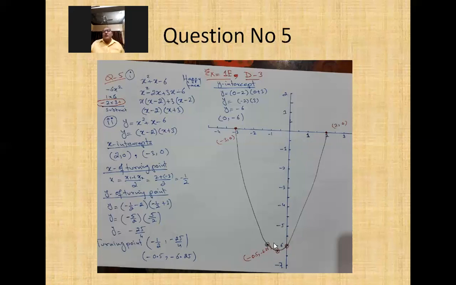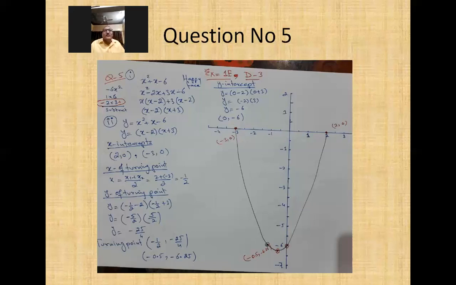And you know, around this point, the graph is symmetrical. So if you move 0.5 to the left side, the value there should be -6. So you plot these points and then you join them with a smooth curve. So this is the graph of y equals x squared plus x minus 6.